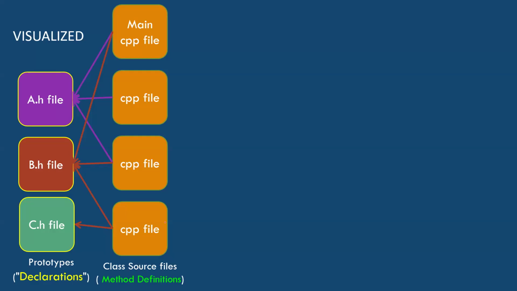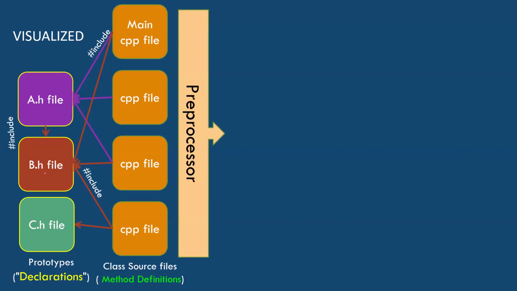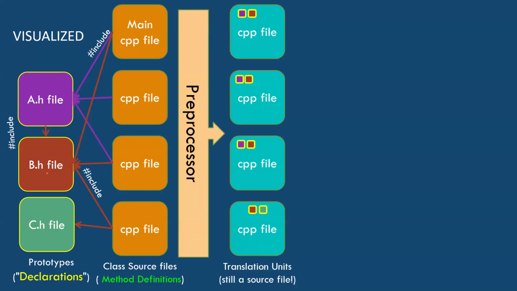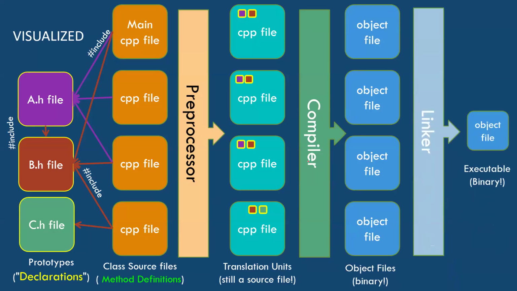The permutations of inclusions start getting crazy, and it can very easily result in multiple declarations, right? So that is kind of the problem. All these include files, this is including that, right? And the preprocessor is going to end up creating multiple copies unintentionally, right? We only really want one in each of those, okay?